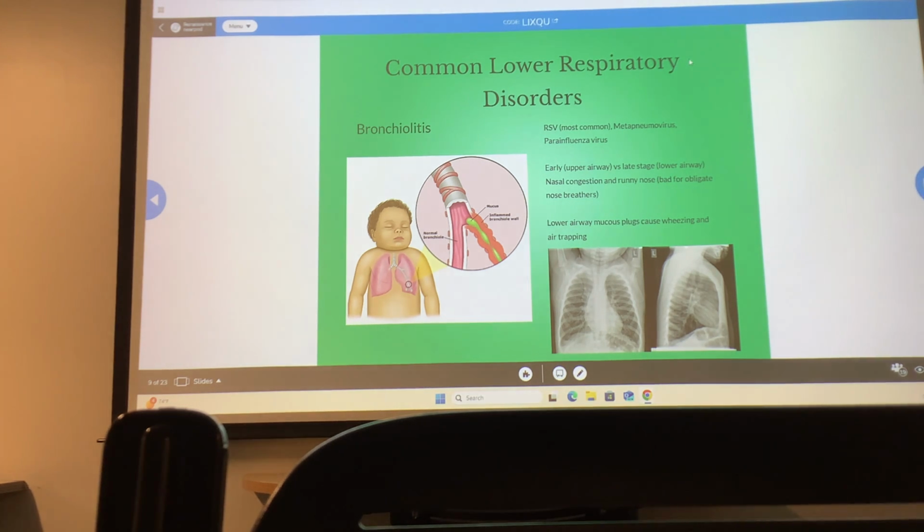So when you're assessing them, what are you going to hear? Maybe wheezing, but wheezing really goes along with what? With asthma, right? So wheezing is most commonly associated with asthma.